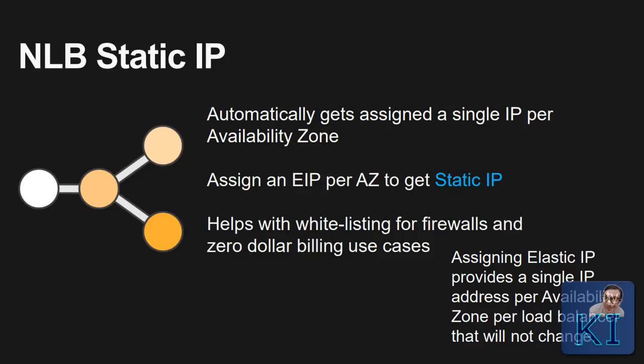It's not like the case in ALB or classic ELB, where the public IP addresses being used keep changing. That would not happen here. Those elastic IPs would remain static, and hence you don't have to change any rules in your firewall. That's a really good feature.